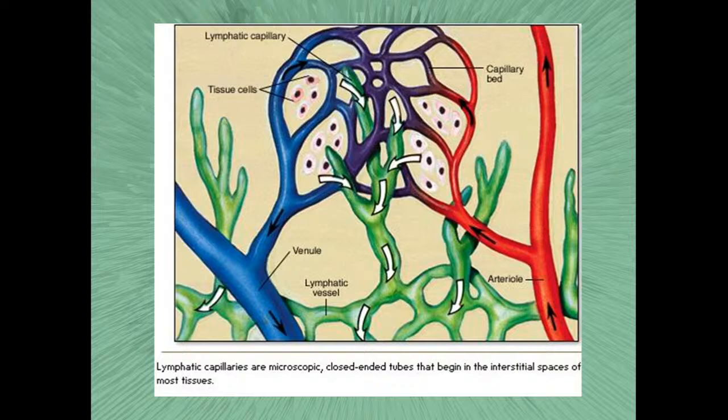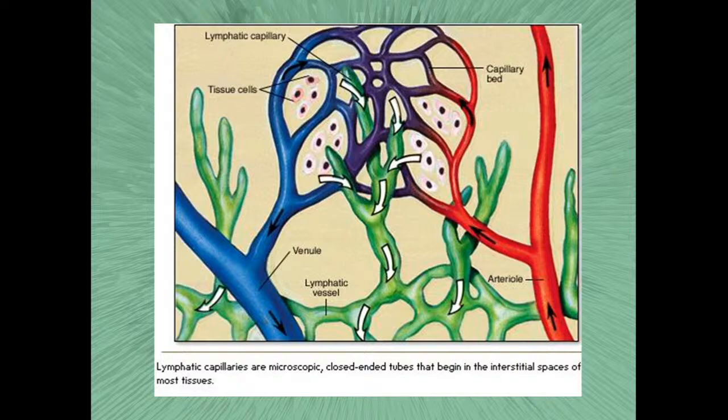What's the main difference? These capillaries are single layer vessels because they consist of the endothelial cells layer, and these endothelial cells sit on the basement membrane.